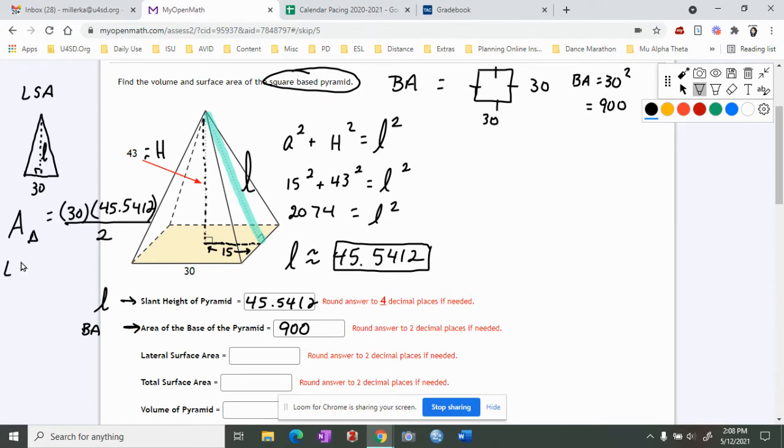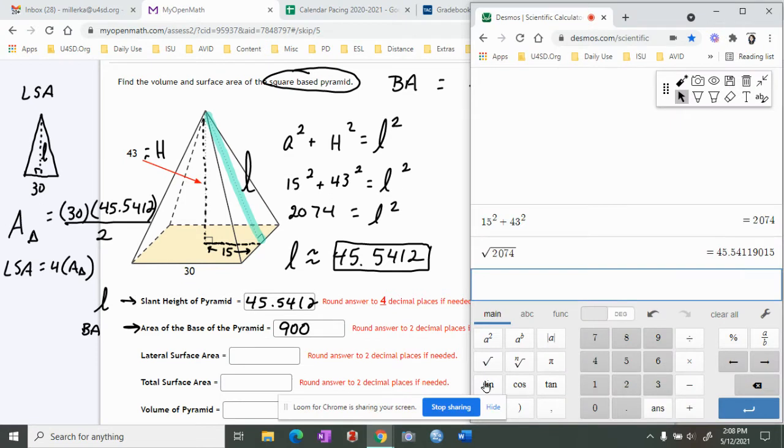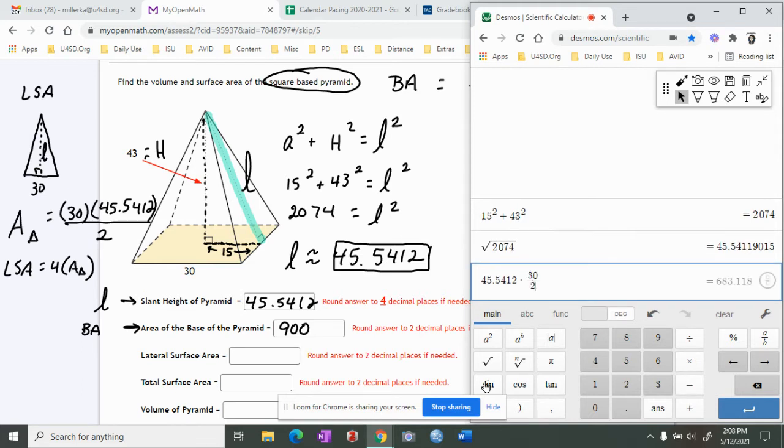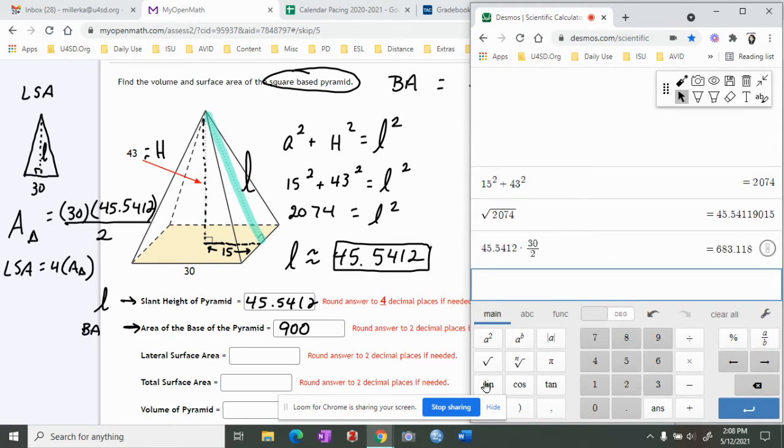So my lateral surface area is going to be 4 times the area of my triangle. Okay, so let's do that calculation. 45.5412 times 30 and then divide by 2 is 683.118.